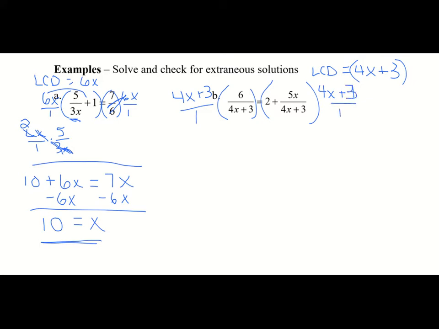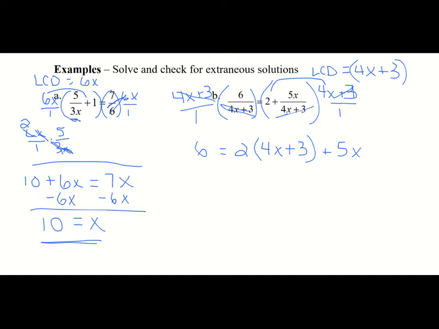Now the nice thing is here on the left-hand side, those 4x plus 3's cancel out, and it leaves us with just 6. Next, we have to do 2 times 4x plus 3. So we will distribute that. And then for that second fraction, the 4x plus 3 cancel and leave us with just plus 5x.